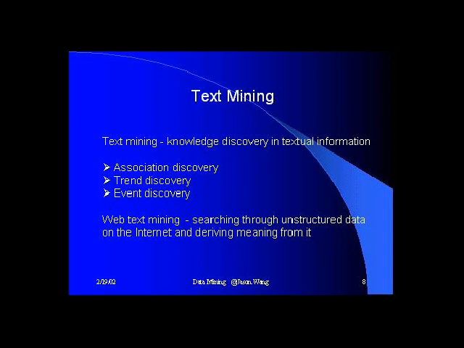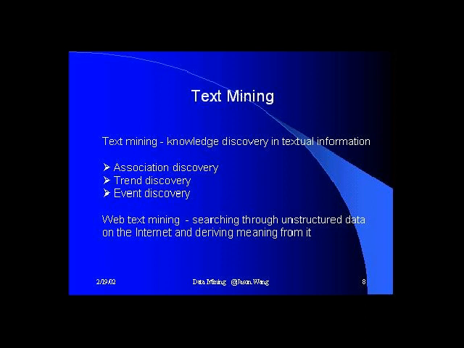There are three particularly interesting and important text mining processes. By definition, text mining is to find or to discover knowledge in textual information. In this part 2, we will focus on association discovery.